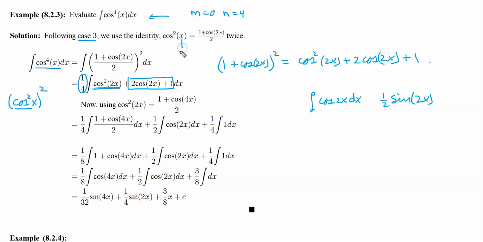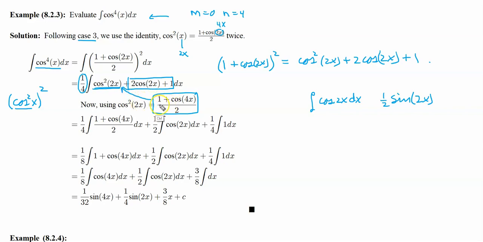This is going to be a 2x instead of an x, and that's going to make this a 4x. We end up with cosine squared 2x equals 1 plus cosine 4x over 2. And we put this in place of the cosine squared.